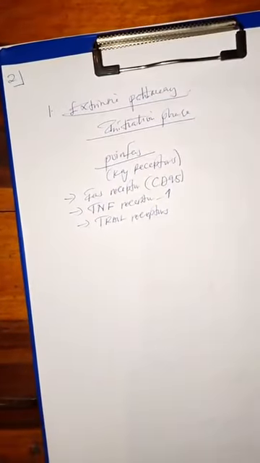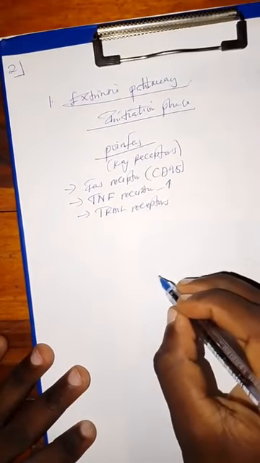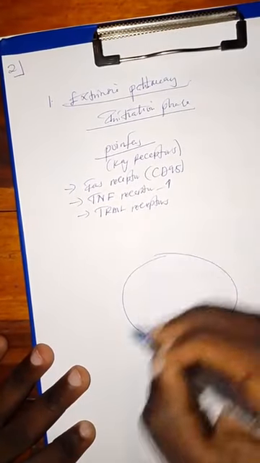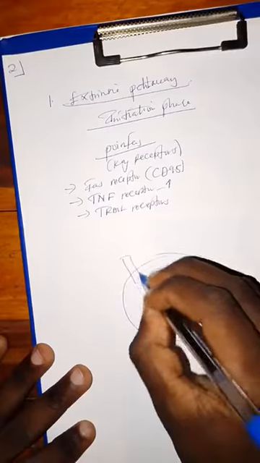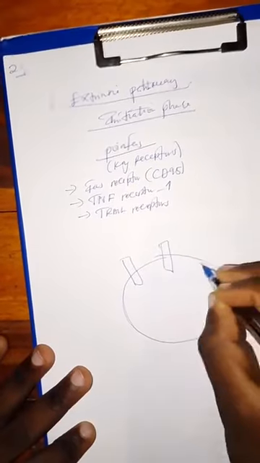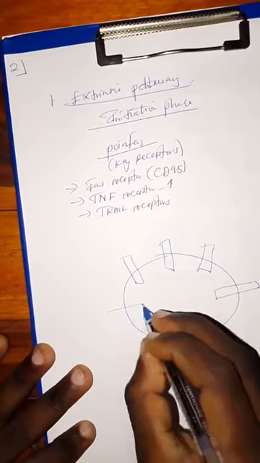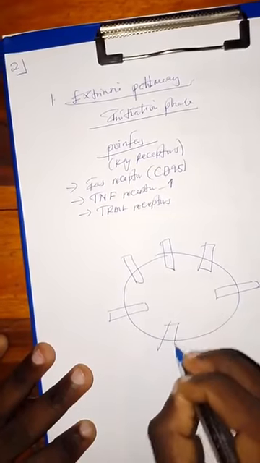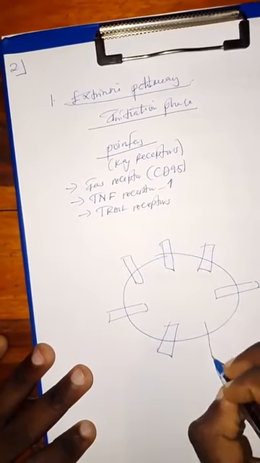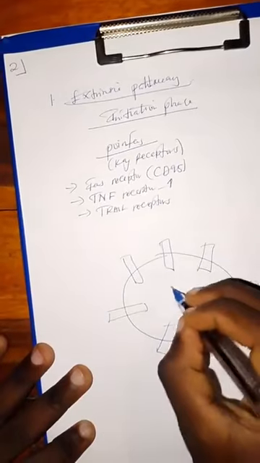So here is the mechanism now. Let me use the diagram so that you're able to follow. Here let's have a cell with many receptors, and there's a nucleus there.